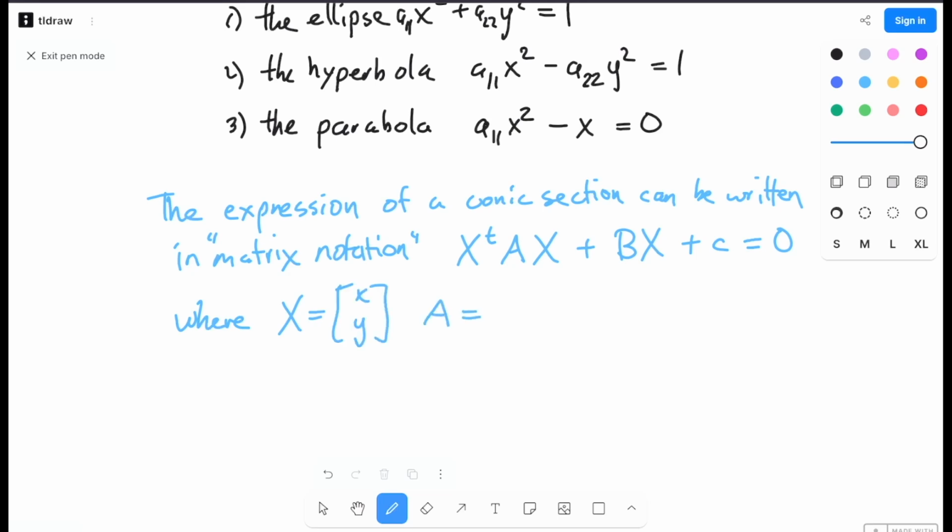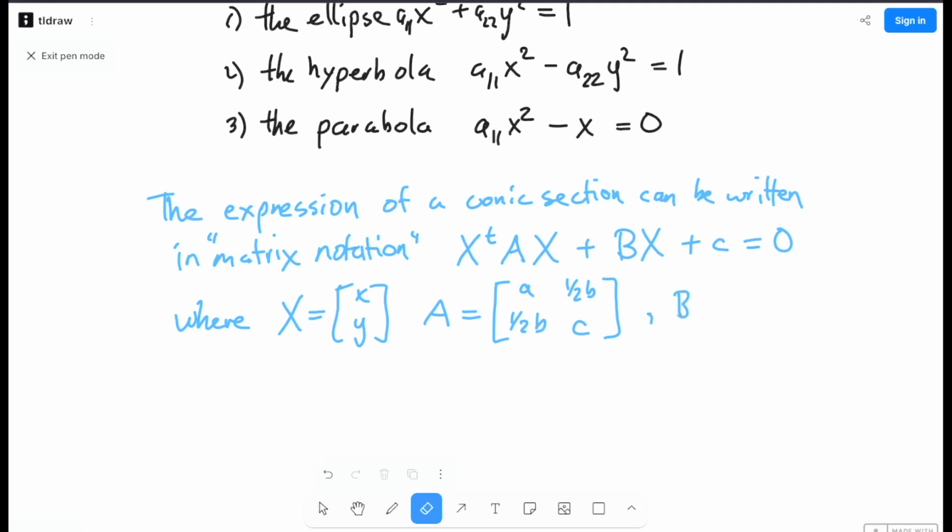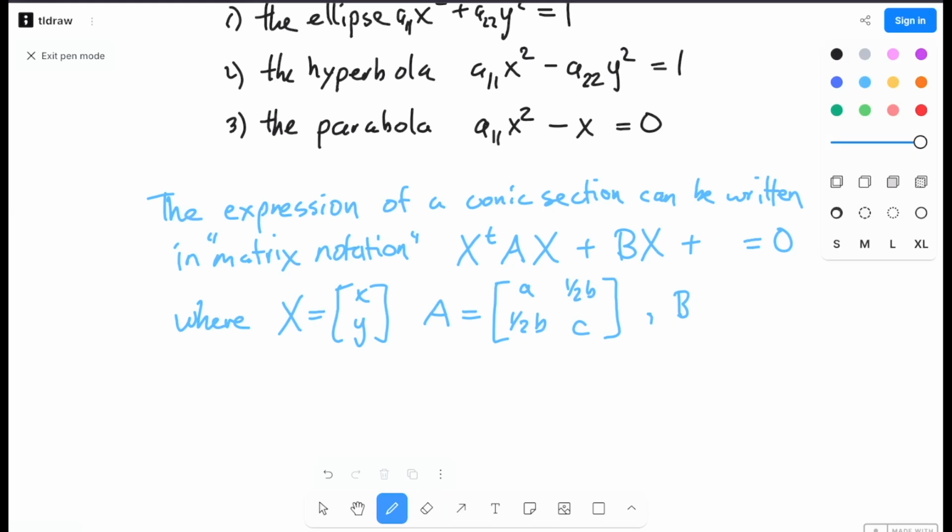A is equal to, and this is where we have to be a little careful, I think it's A and C, with one half B off the diagonal. B is equal to (D, E), and C is just a number, which is F.